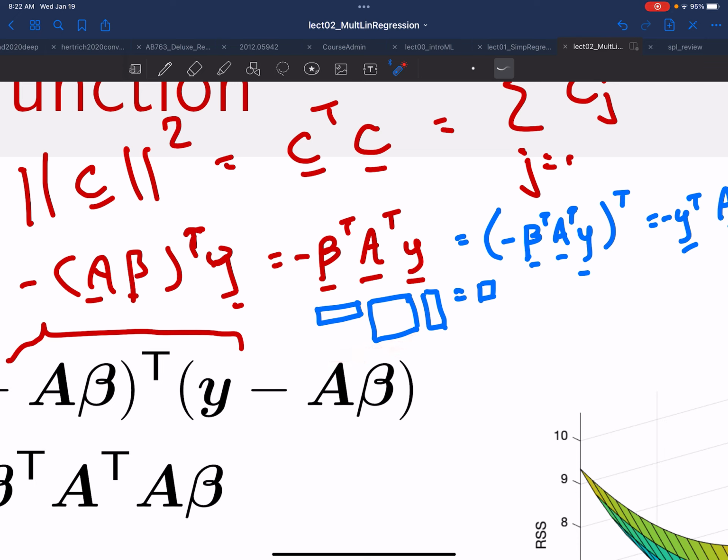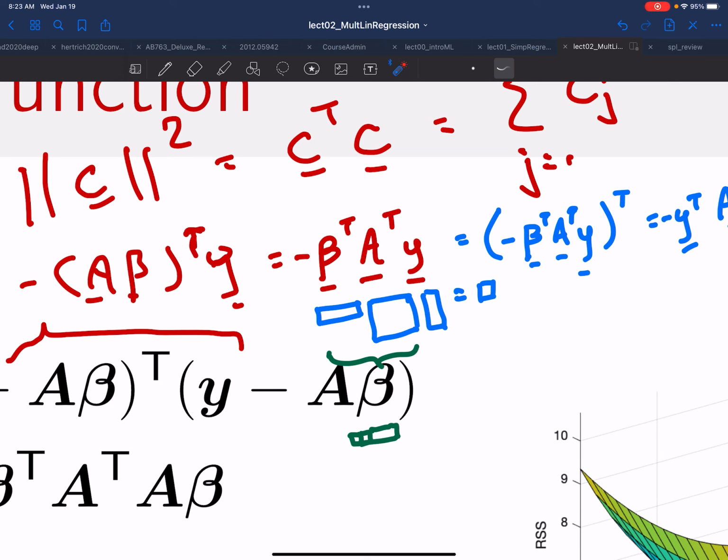I do this times this, and that gives me one entry, one scalar. Then I do this times the next column, which puts another scalar next to it, and so on. As I go to the end, this part is a row vector. Now I multiply that row vector times a column vector, and I get a scalar.